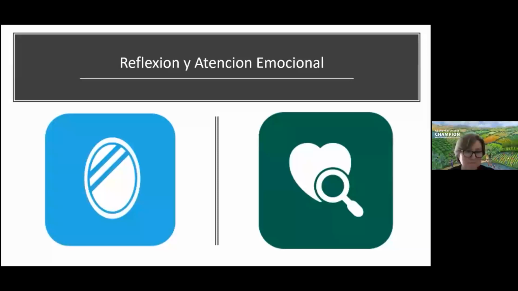So for example, telling somebody, okay, tell me in your own words what you heard, tell me in your own words what you understood, or what are your takeaways from what you heard. That's what reflection means.